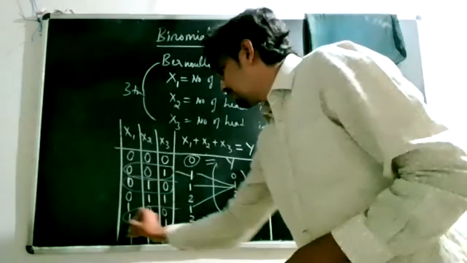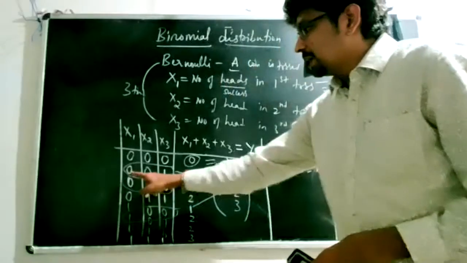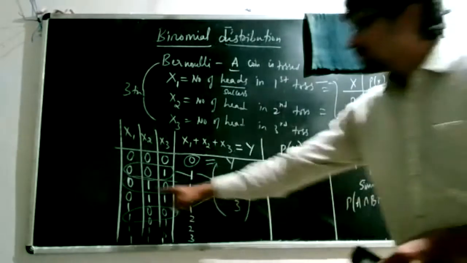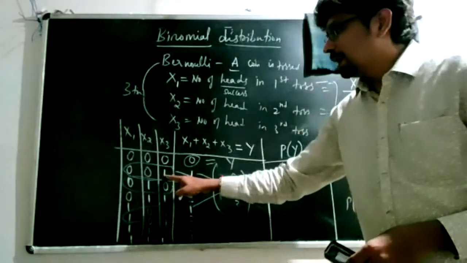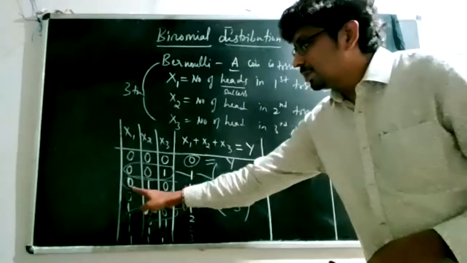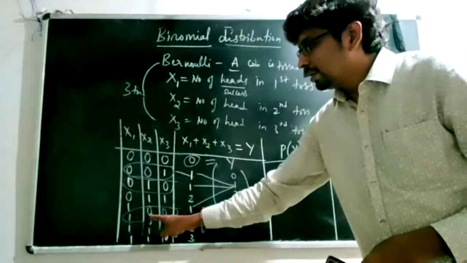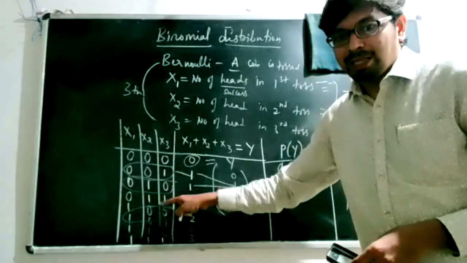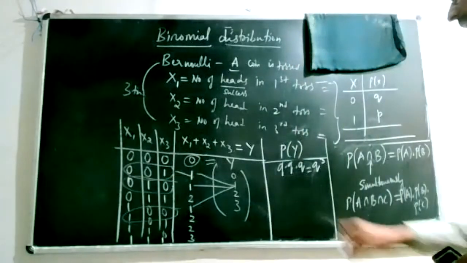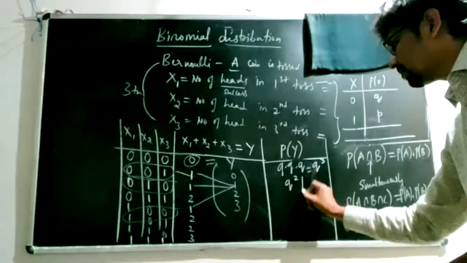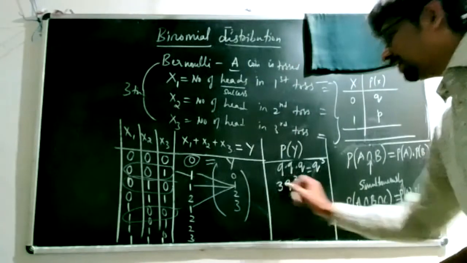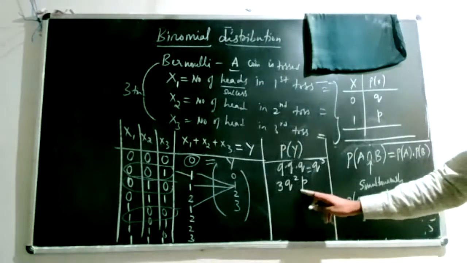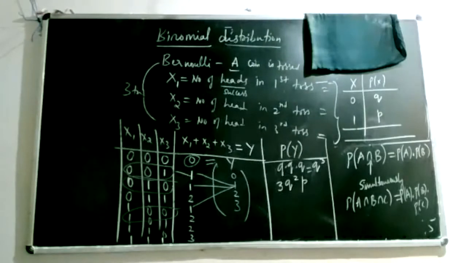If you look into the probability of each of these, 0 has probability Q, 1 has probability P, therefore this is Q into Q into P. Even in this case, it is Q into Q into P, and this can happen in 3 out of 8 possibilities. So the probability is Q square P, and that can happen in 3 ways.